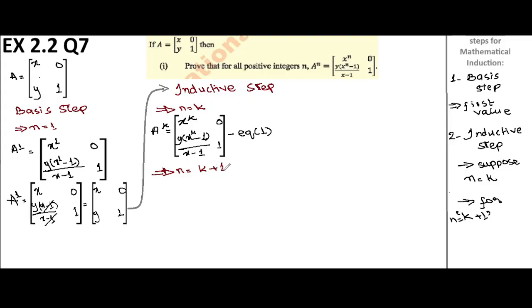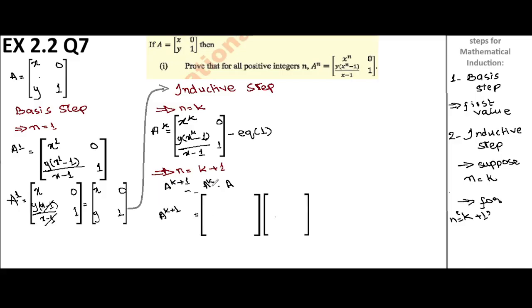Now A raised to the power k plus 1 will be equal to A raised to the power k times A, because the bases are same and when we add up the powers it becomes k plus 1 again. Now we are going to replace the values of A raised to the power k and the matrix A over here.